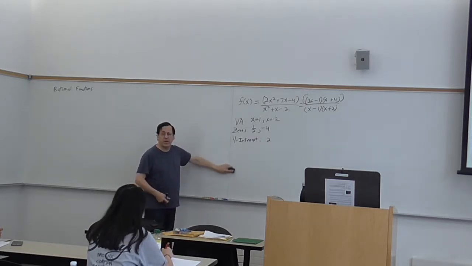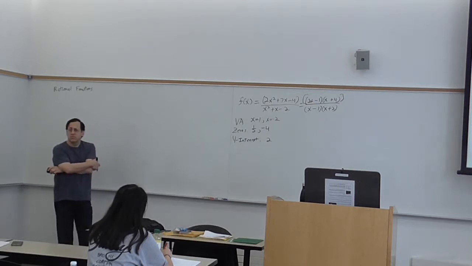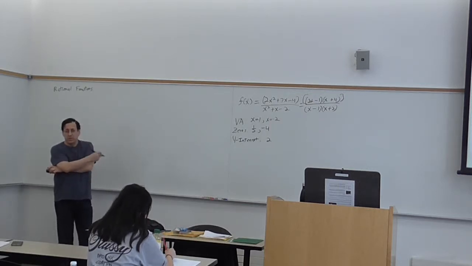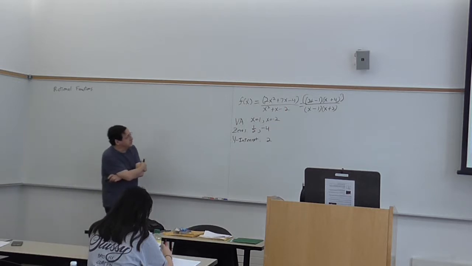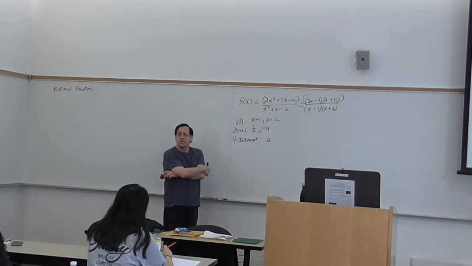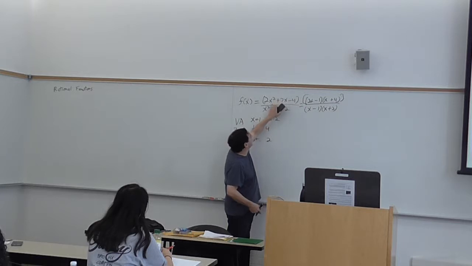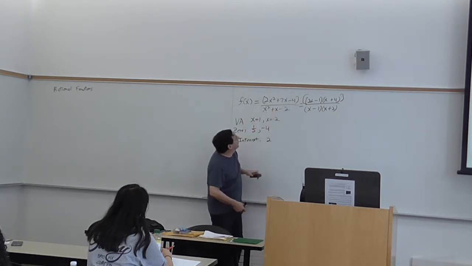Remember we were talking about end behavior? There are 3 possible kinds of end behavior on a rational function like this. So what do we have to look at? Look at the leading terms, right? Just 2x squared and x squared.